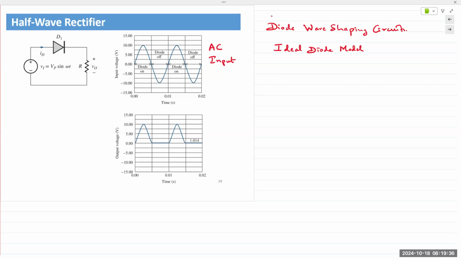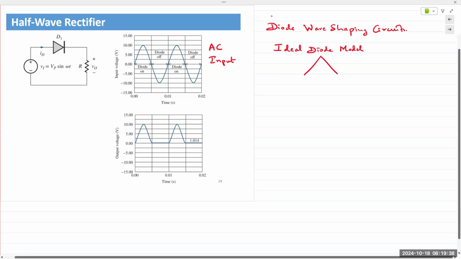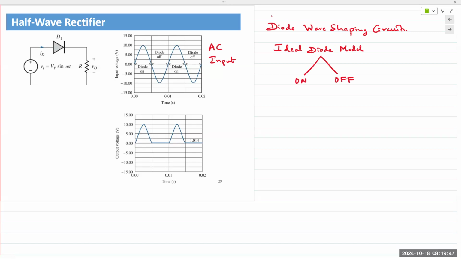So in the ideal diode model, you only have 2 states. Diode is either on or off, right? So don't worry about diode voltage, the turn on voltage, nothing else except the 2 states. Positive voltage, it's on. Negative voltage, it's off, right?